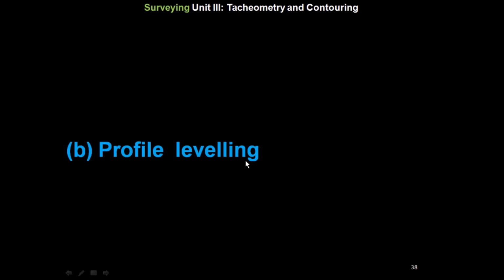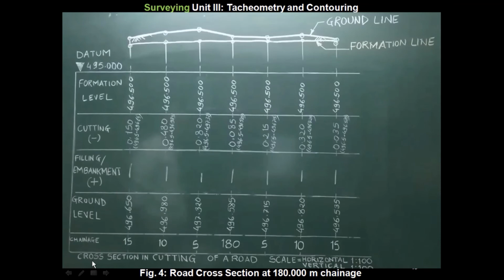Now we will see the cross sectioning. So here we can see the cross section in cutting of a road. The scale taken is horizontal 1:100, similarly vertical 1:100. Here the chainage is taken for 180 meter, 5, 10, 15 meters on the left as well as on the right.